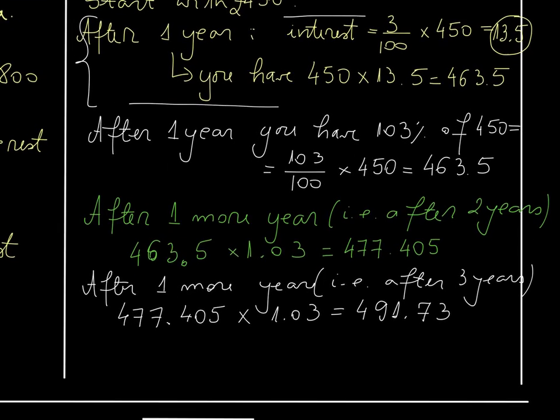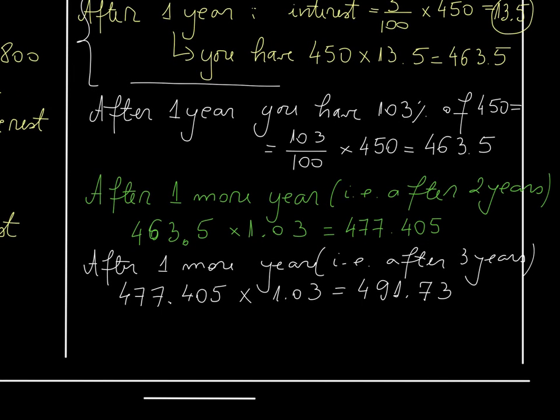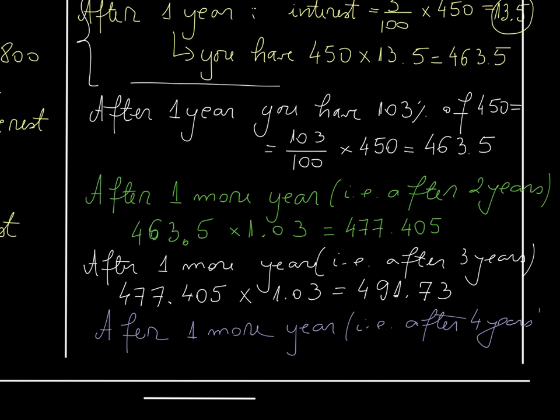Okay, and now last one. After one more year, so after 4 years, what the question asks, you get 491.73 times 1.03, and you end up with 506.49, I think.